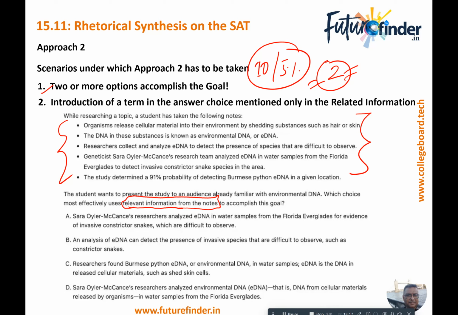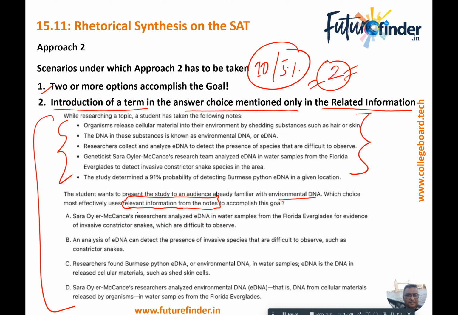And scenario number 2 is a minor thing, wherein the answer choice mentioned has a term which is only there in the related information. For example, in this one, we are talking about this example, right? The student wants to present a study to an audience already familiar with environmental DNA.